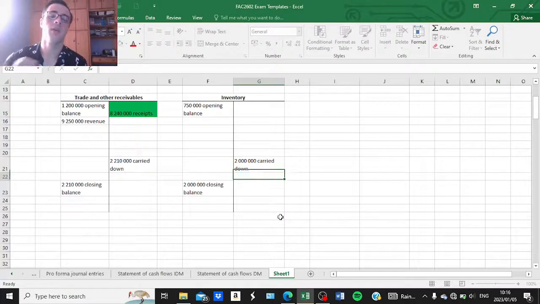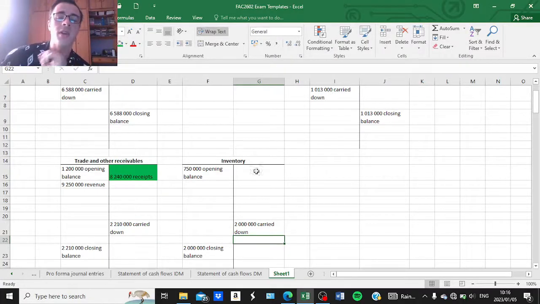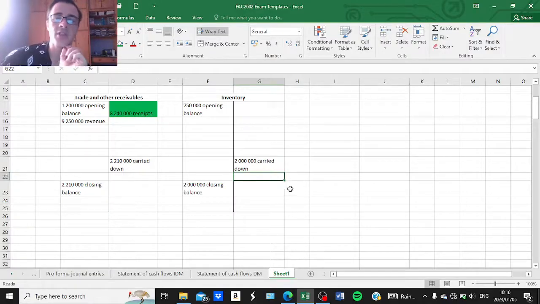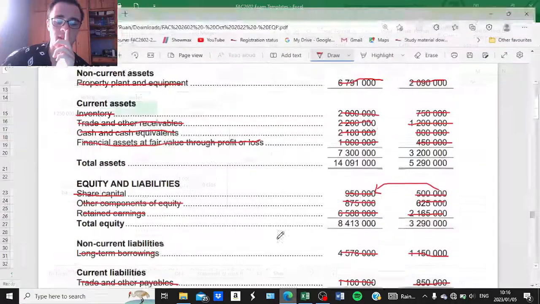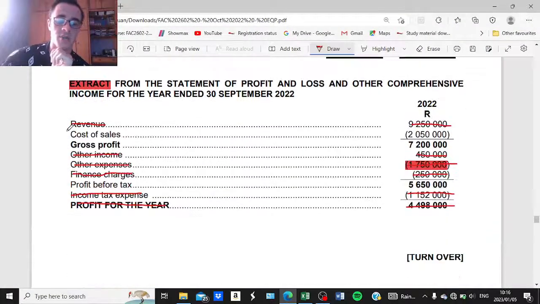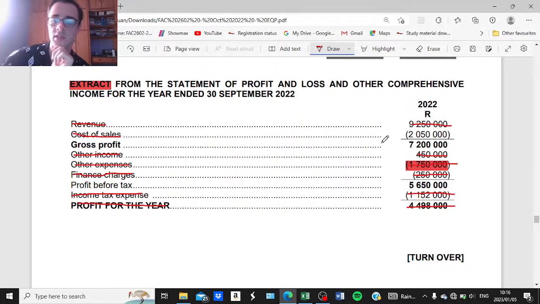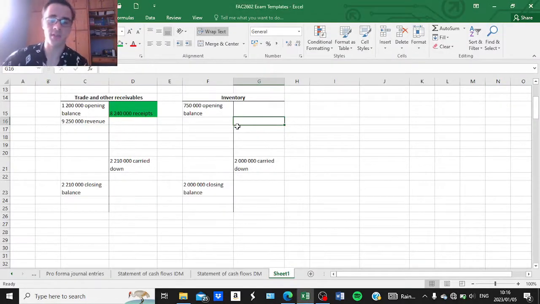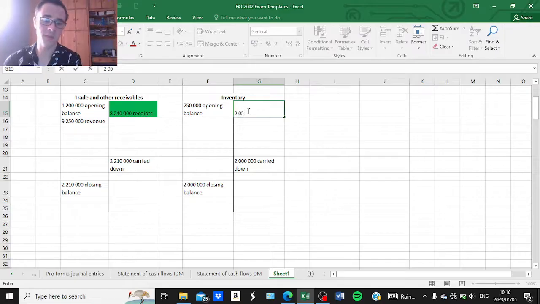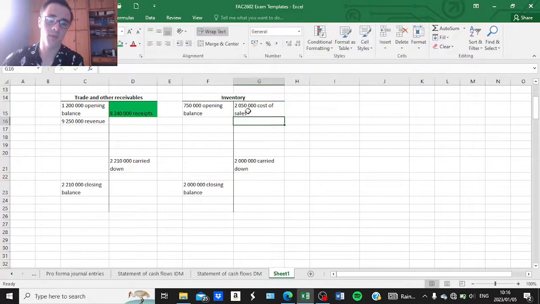All right. Now, in our inventory general ledger account, we need to consider cost of sales. So the transfer to cost of sales. This amount should be given in the extract of the statement of profit or loss and other comprehensive income, and it is given as 2,050,000. So 2,050,000 has been transferred to cost of sales, causing a decrease in the value of inventory on hand.